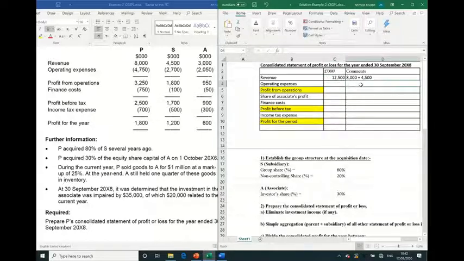And then we move to the operating expenses. We have for the parent 4,750, plus for the associate, it is 2,700, and then we get the operating expenses.